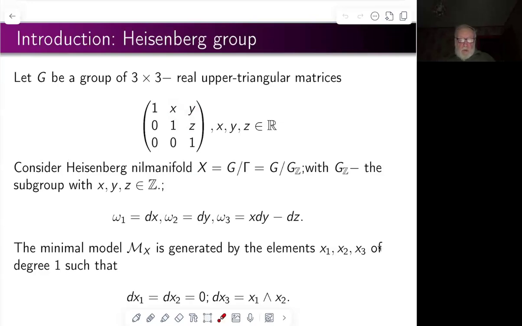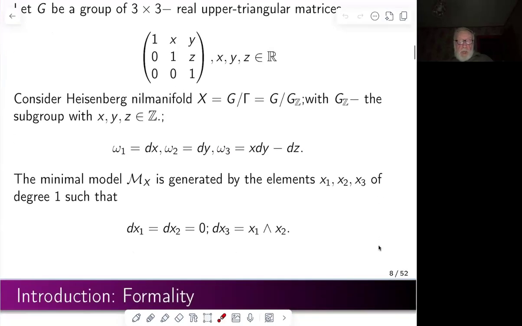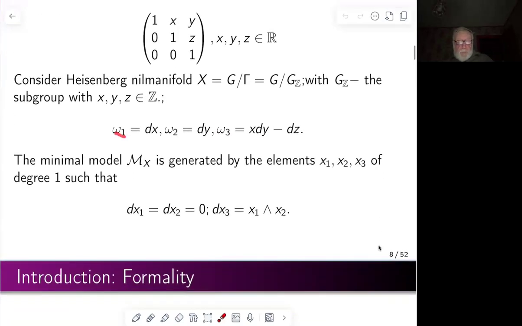Then we can consider differential forms which we denote by omega 1, omega 2, omega 3. Omega 1 is dx, omega 2 is dy, and omega 3 is x dy minus dz. Then these three differential forms define the minimal model for this manifold.